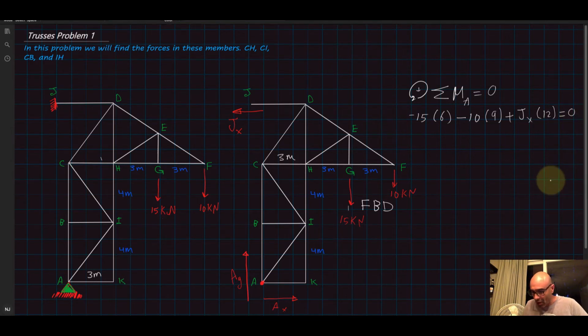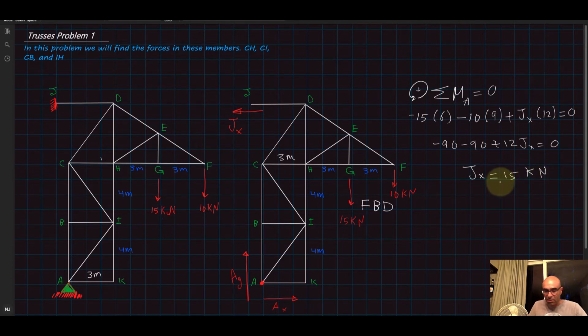Now solving for that, we get minus 90 plus 12 Jx equal to 0. Then after some algebra, we get Jx is equal to 15 kilonewton. And look, it is positive, so our assumption of the direction was correct. So this force goes to the left.